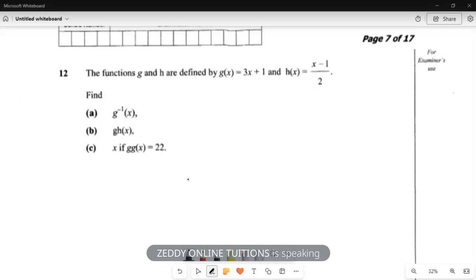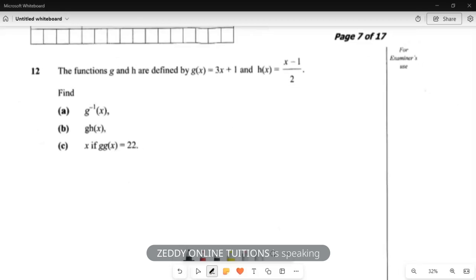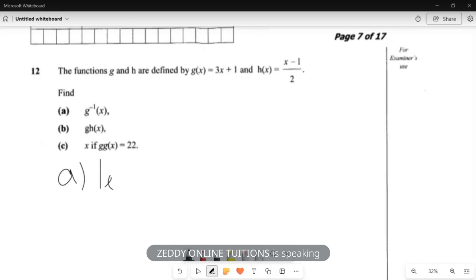Okay, so find G inverse of X. We are finding this question. So let's go into it. The first thing is, for us to find that, we first let Y be equal to G, because we are finding G inverse of X. We let Y be equal to G of X. You understand?